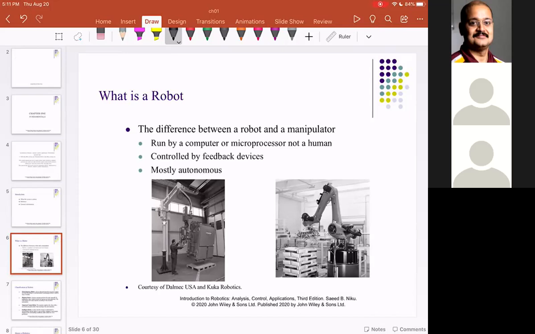Now, we want robots to be working with humans. We want robots to be part of humans, so that becomes the wearable robot. We want humans and robots working together, so we have cobots. Because as you can see, a robot is this huge chunk of machine that is way stronger than the human.